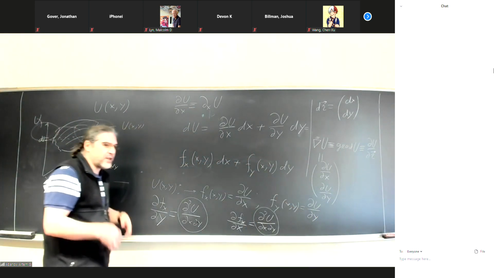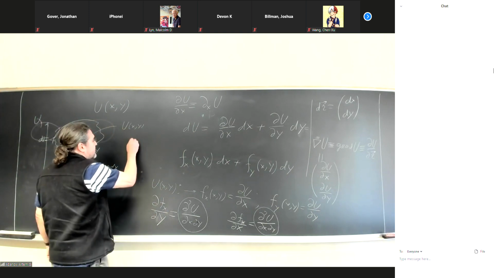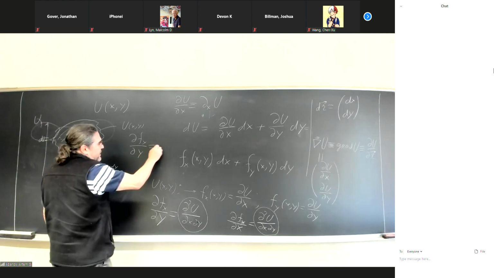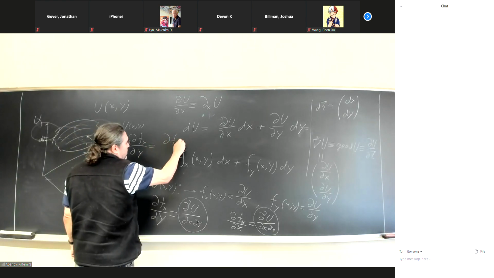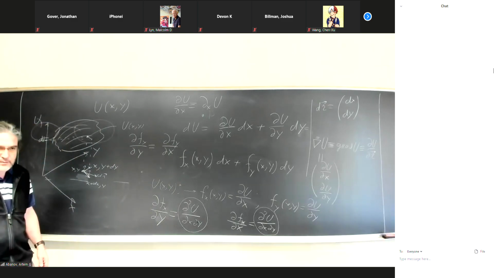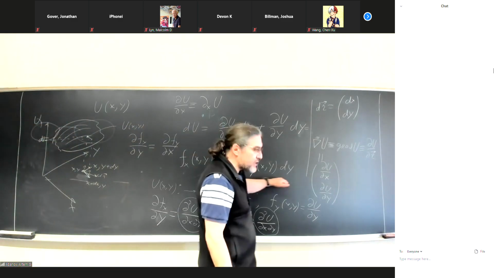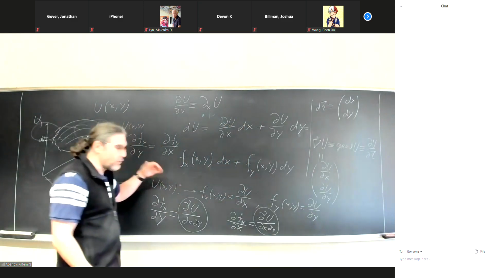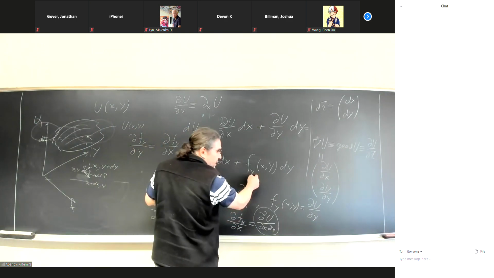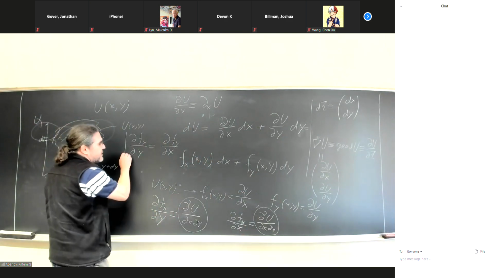But if it is so, then dfx over dy must be equal to dfy over dx. So if this is a full differential of some function, then those two functions are not independent from each other. They must satisfy this condition.